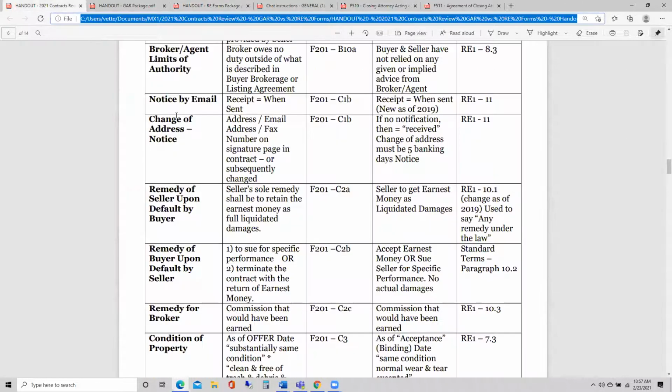And in both sets of contracts, it gives the forms of notice, which are the same. And it says that one of the parties is deemed to have received notice when the sender can prove they sent it.